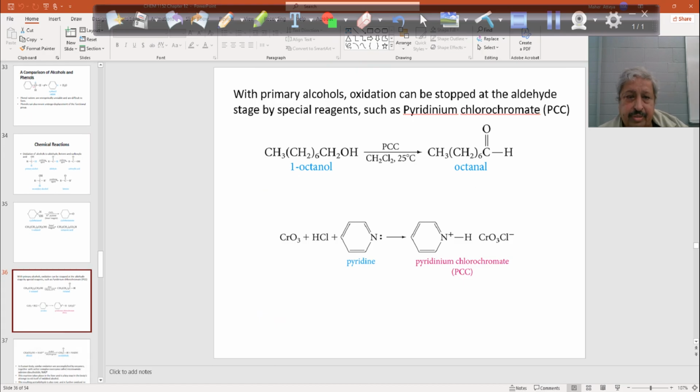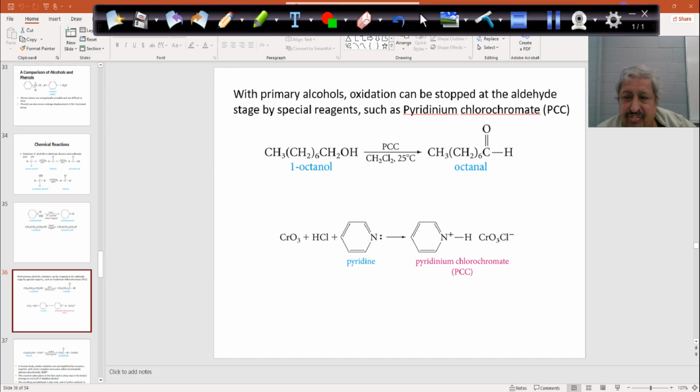Here you see, this is with the help of PCC. The PCC is pyridinium chlorochromate, a pyridinium chromium salt. This is used to stop this from going further to the acid.